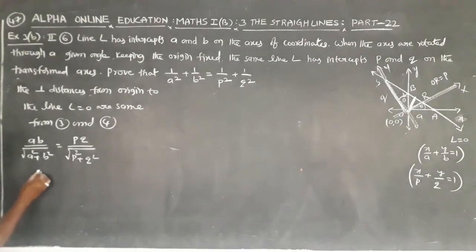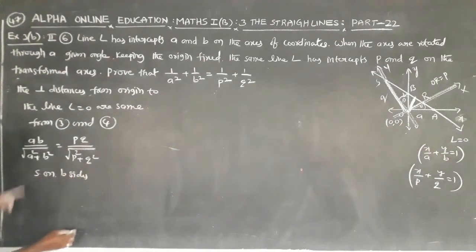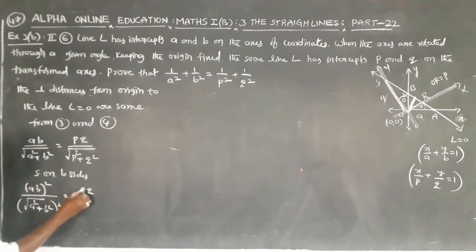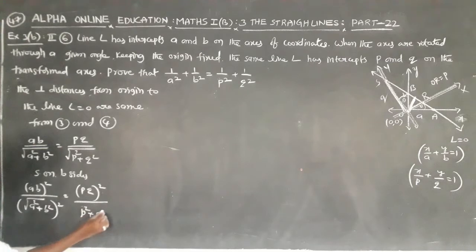Here, first of all, squaring on both sides. AB by under root of A square plus B square, squared, is equal to PQ by root of P square plus Q square, squared. The square roots cancel.